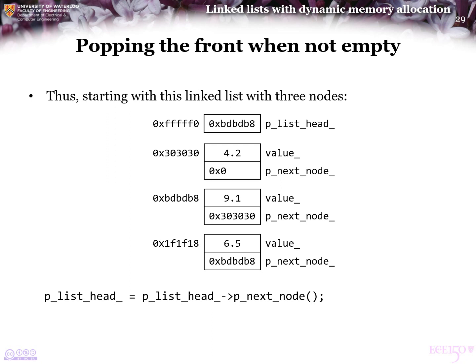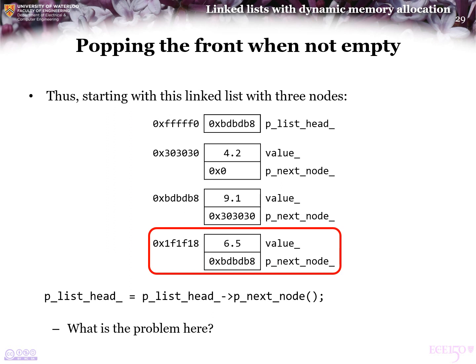Well, we do have a problem here, and what is it? You may remember that every single node was dynamically allocated using new. Consequently, if we update pointer to list head, we no longer have the address of this node.